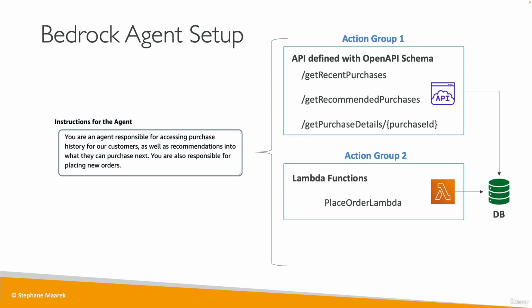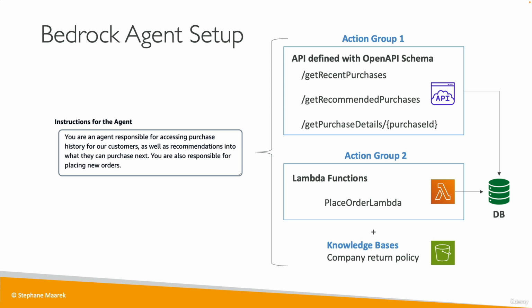The other way to set up an action group is to use Lambda functions. Lambda functions are a way to run a little bit of code in AWS without provisioning infrastructure. The Lambda functions, again, can be used to create and place an order. It could use the same database or a new database, but the idea is that the agent can interact either with an external API or with Lambda functions in your AWS account.